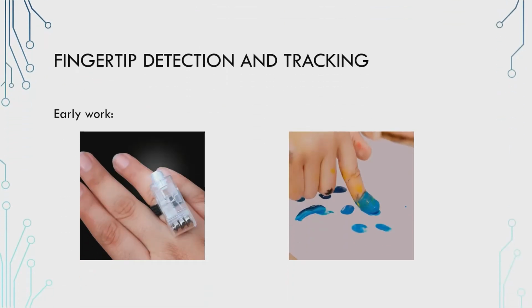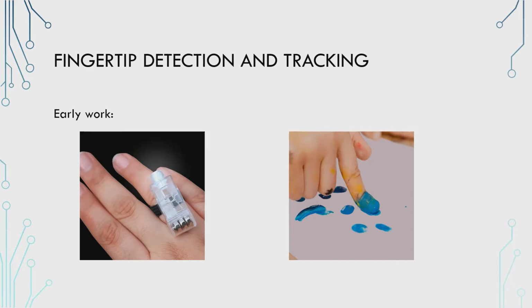In order to perform air writing, a system must be able to accurately detect and track the fingertip. Many advancements in the field of fingertip detection and tracking will lead to more robust air writing systems. Some of the early work done in fingertip detection and tracking involved tracking a marked fingertip in a simple environment.